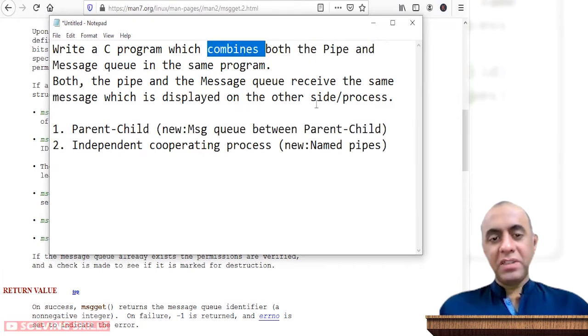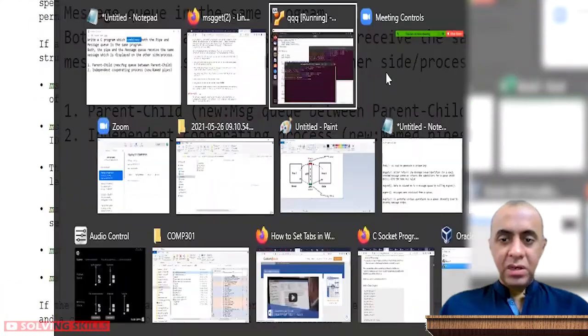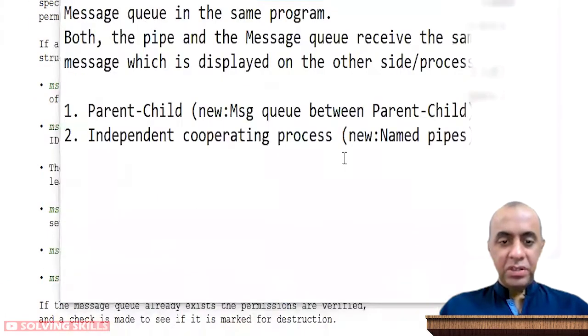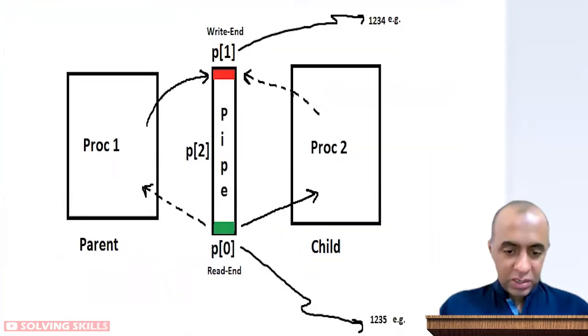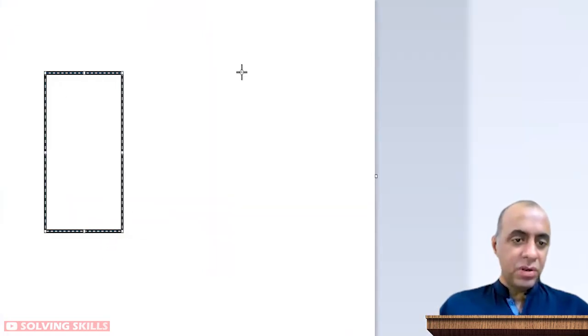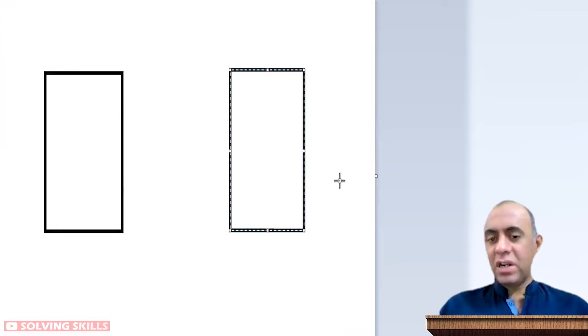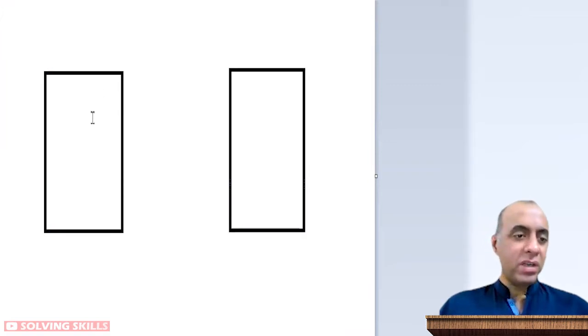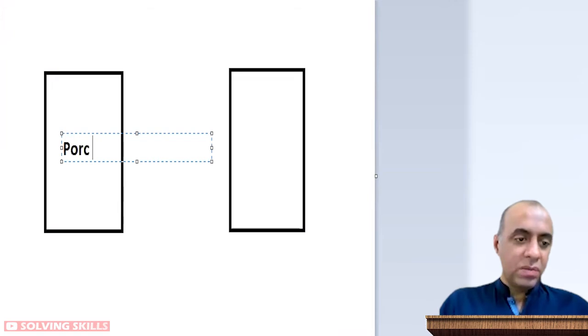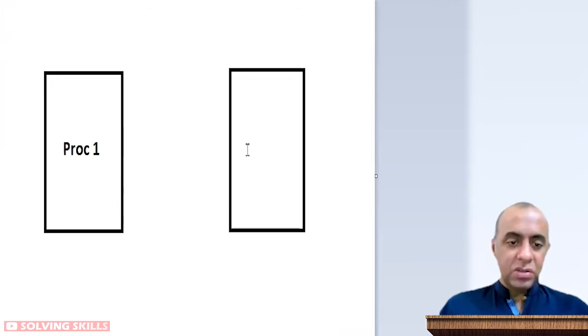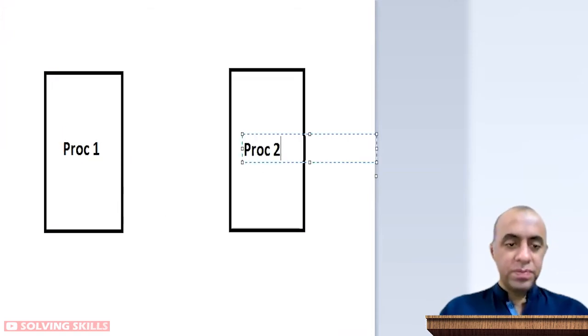All I mean by combine is this, so let me actually show you a picture of what I'm trying to do over here. You have this program 1 and this program 2. The relationship between the two programs can either be parent child or they can be absolutely independent. So this is your process 1 and this is your process 2.